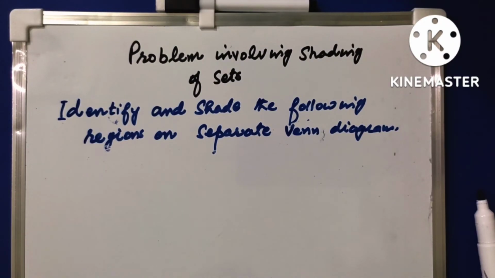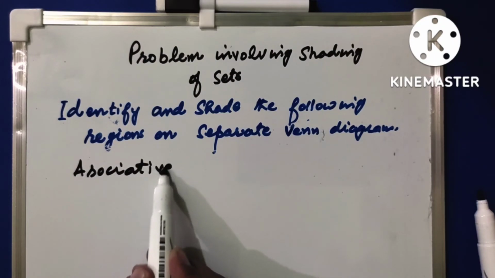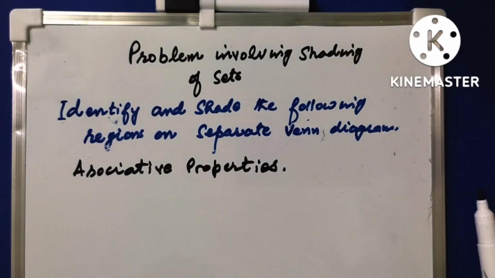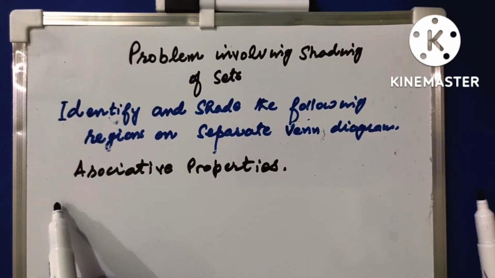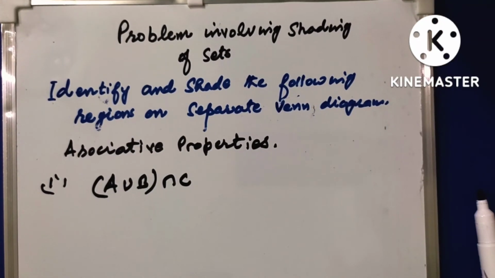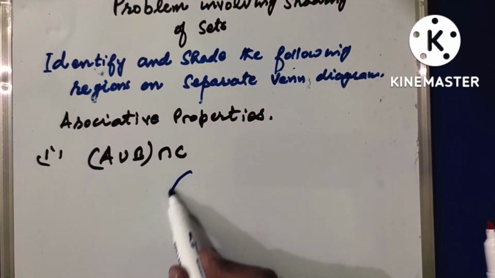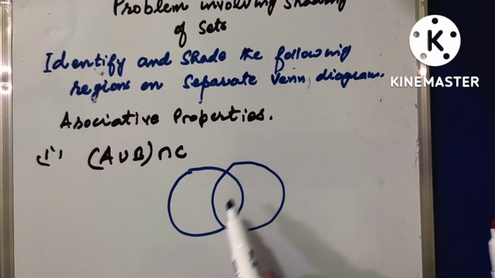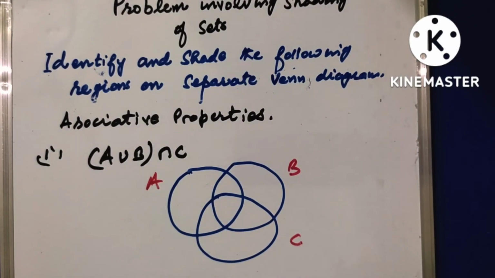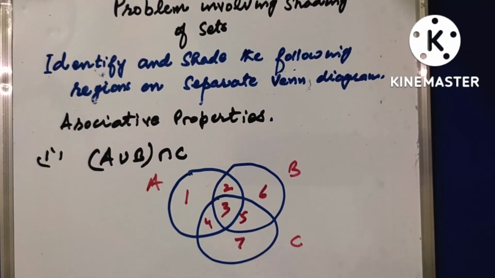Now let us discuss associative properties. Let us have one operation, A union B intersection C. Now we are going to take 3 circles, A, B, C. So we can randomly fill the numbers 1, 2, 3, 4, 5, 6 and 7.